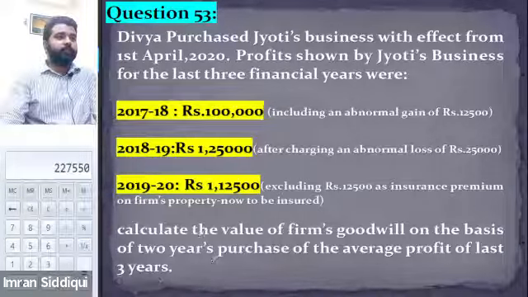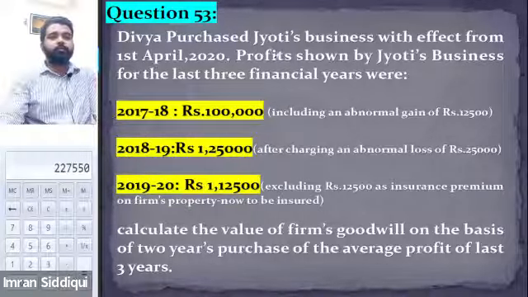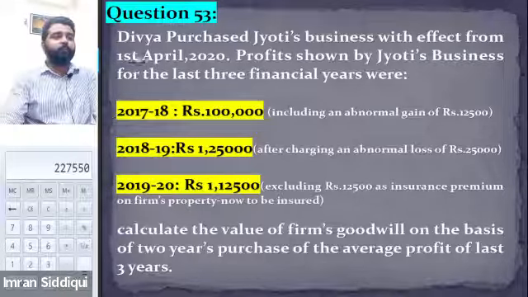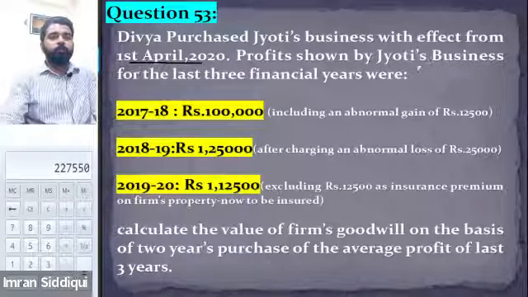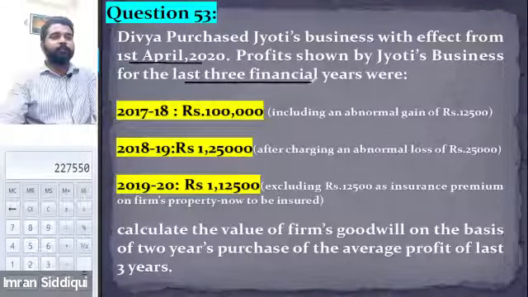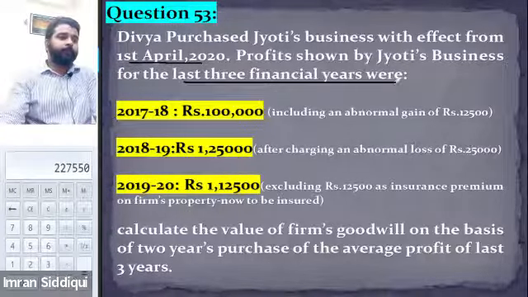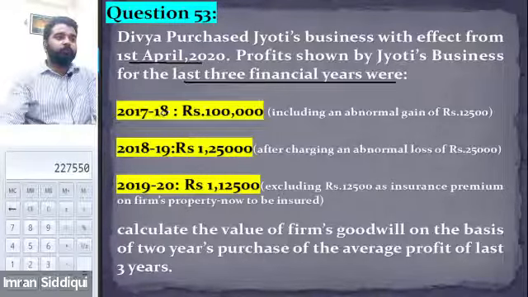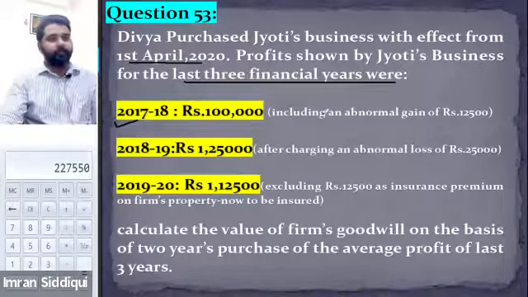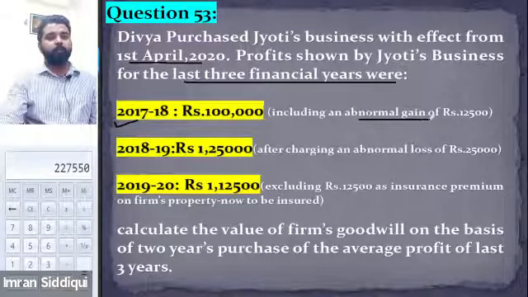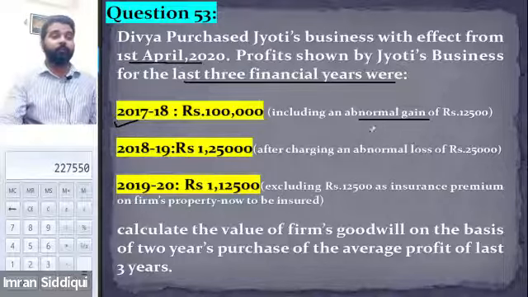Question is saying that Divya purchased Jyoti's business with effect from 1st of April 2020. Profit shown by Jyoti's business for the last 3 financial years were: in the year 2017-18, profit of 1 lakh, including an abnormal gain of rupees 12,500.